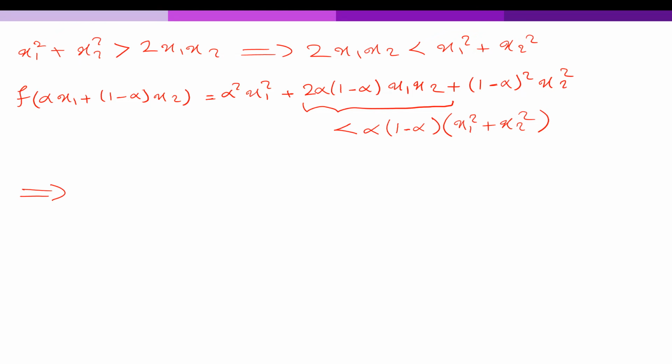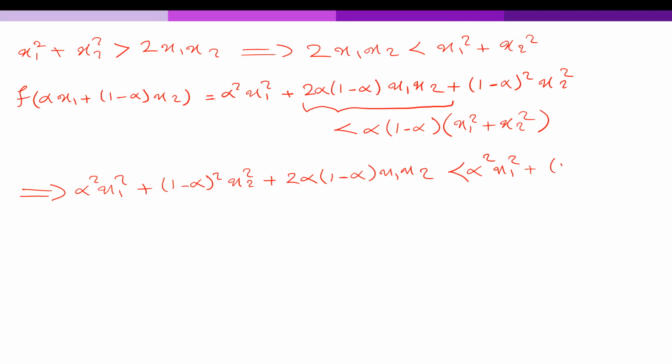Therefore, alpha squared x1 squared plus 1 minus alpha squared x2 squared plus 2 alpha 1 minus alpha x1 x2 is less than alpha squared x1 squared plus 1 minus alpha squared x2 squared plus alpha 1 minus alpha times x1 squared plus x2 squared.